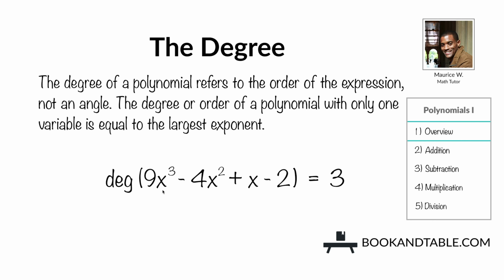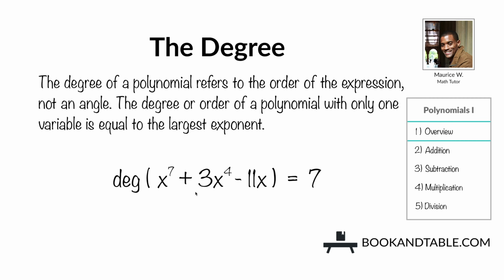And you represent the degree of a polynomial by putting the polynomial inside a pair of parentheses and preceding that expression with deg for degree. So the degree of this polynomial is equal to 3. If you were given the polynomial x to the 7th plus 3x to the 4th minus 11x, the degree of this expression would be equal to 7, since the largest exponent in the expression is 7.